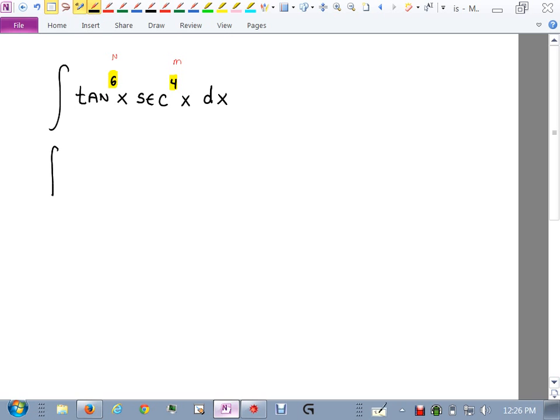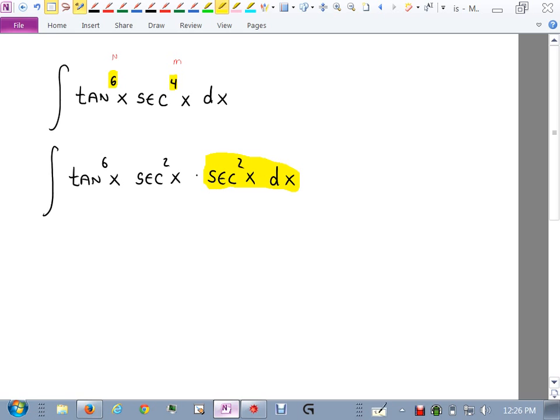So if I strip 2 secants out, I have tangent to the 6th x. I write secant squared x times secant squared x dx. Now, what's the reasoning in this? Secant squared x dx is the derivative of what? Tangent, right? This is the derivative of tangent. So by peeling the secant squared off, I can figure out what the answer is if I can convert all this over to tangents.